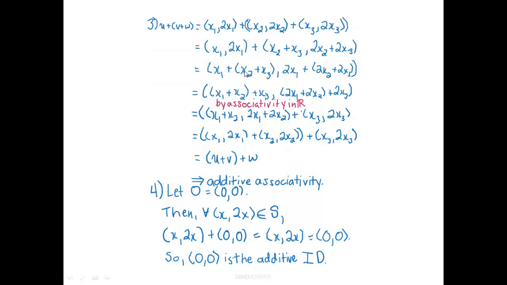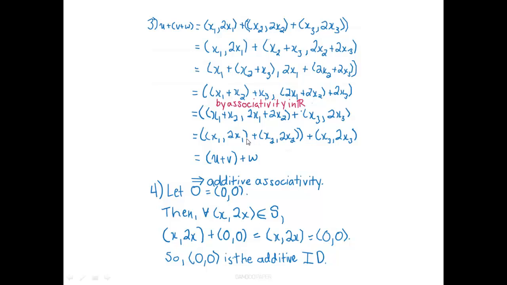So I can move my parentheses from (x2, x3) to (x1, x2), and I end up with (x1 + x2) + x3, same thing with the second component. And I start breaking the vector apart using my definition of addition of vectors in R2. So this gives me (x1 + x2, 2x1 + 2x2) right here, and I'm left with (x3, 2x3).